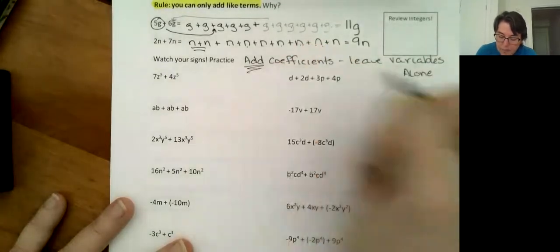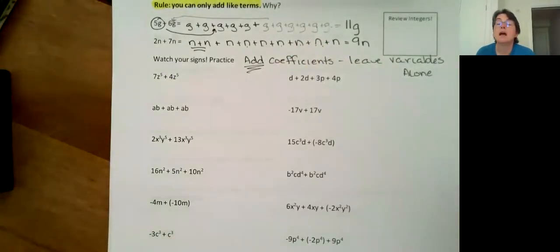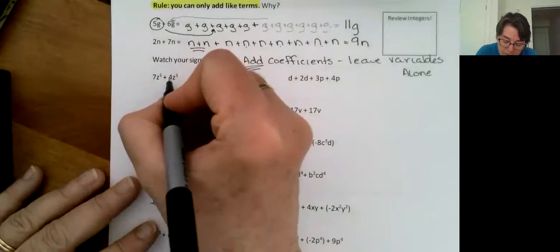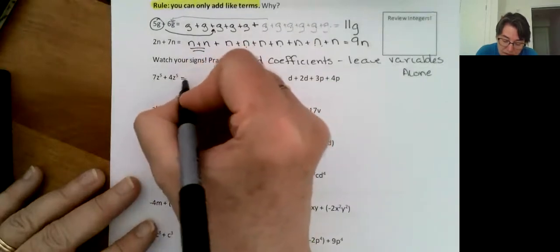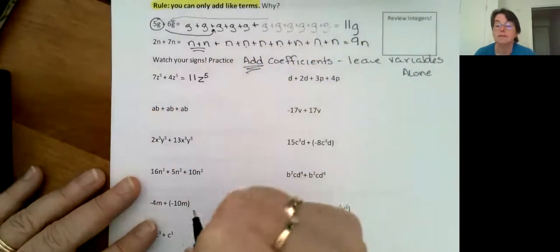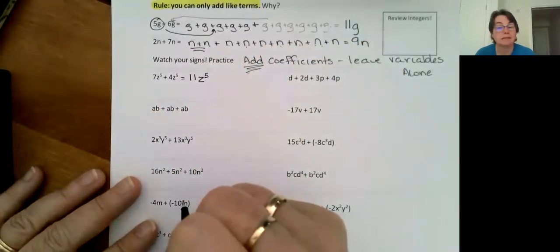Now, when I say that, pay attention to signs, because when you add numbers that have opposite signs, then you're actually subtracting. So pay attention, but in general, you're just going to say add. So 7z to the 5th plus 4z to the 5th is going to give me 11z to the 5th. Don't overthink this, guys.